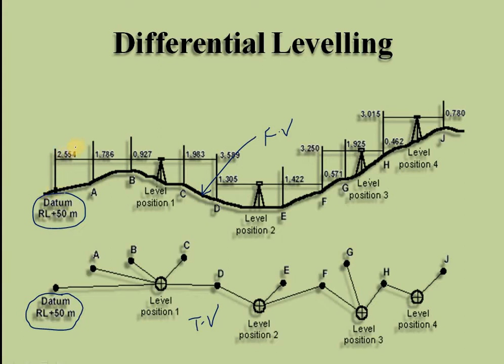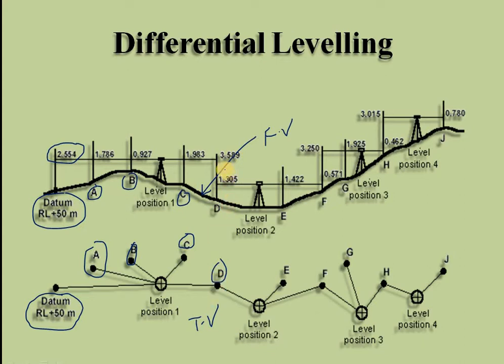The first reading is 2.554, on point A it is 1.786, on point B 0.927, on point C 1.983, and on point D 3.589, and here we get the turning point.